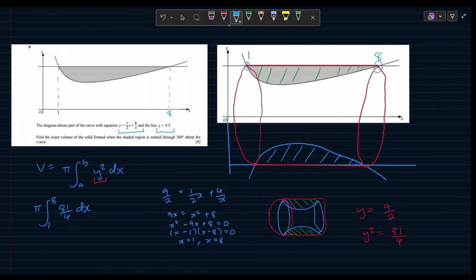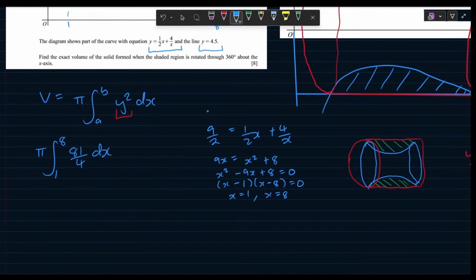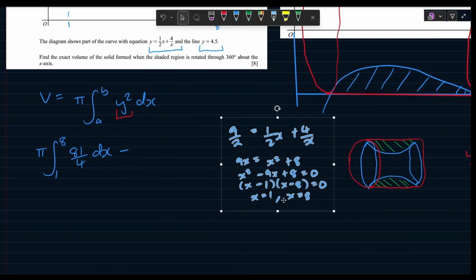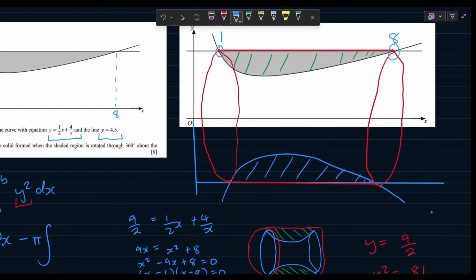And now to deal with our vase, which is being generated by the curve, we're using the same formula, and remember this time we want to subtract it. The reason being, we want the gap between your beans and your vase. So this is pi, the integral from 1 to 8, since the vase is again bounded at 1 and 8.